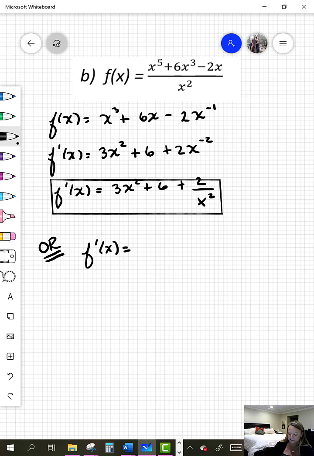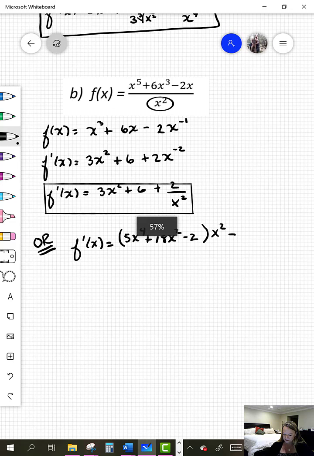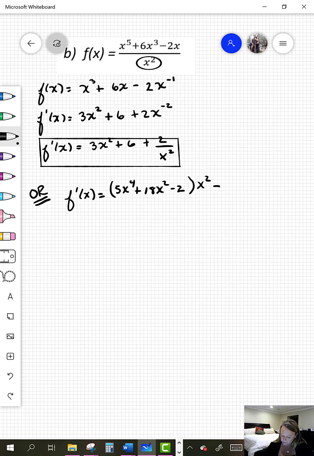The derivative of the numerator gives us 5x to the 4th plus 18x squared minus 2, all times the denominator, x squared, minus that whole numerator, which is x to the 5th plus 6x cubed minus 2x, all times the derivative of the denominator.